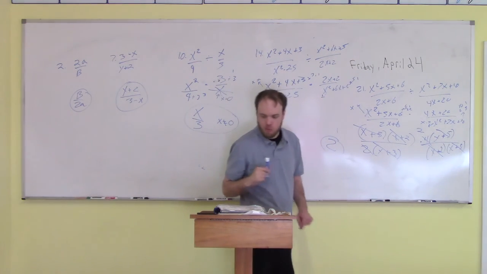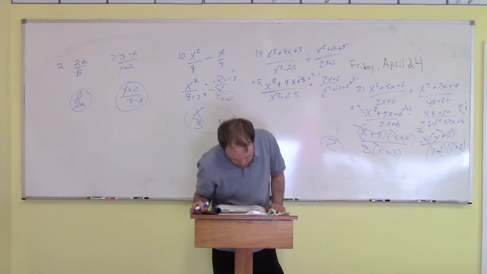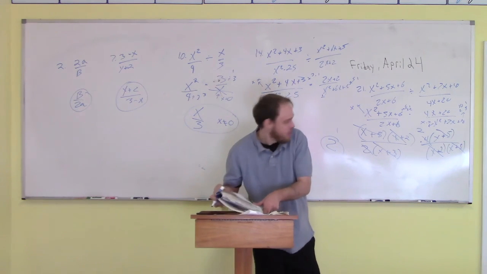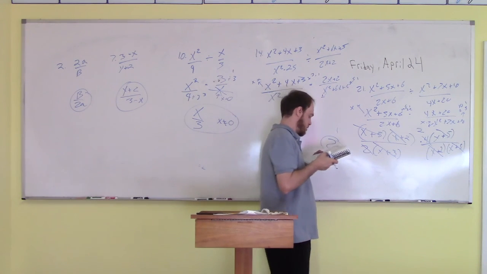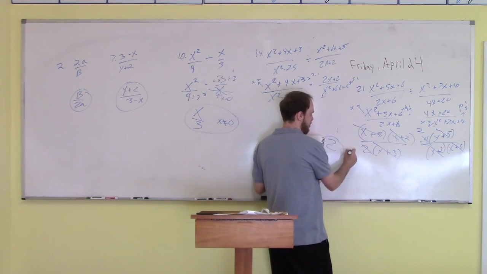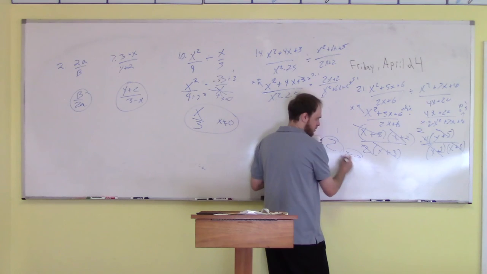Now you just have to keep in mind, where can x not equal 0? Where can x not equal 0? X cannot equal 0 at an x plus 3. So for 21, x cannot equal 0 at an x plus 3, and that would mean x could not equal negative 3.